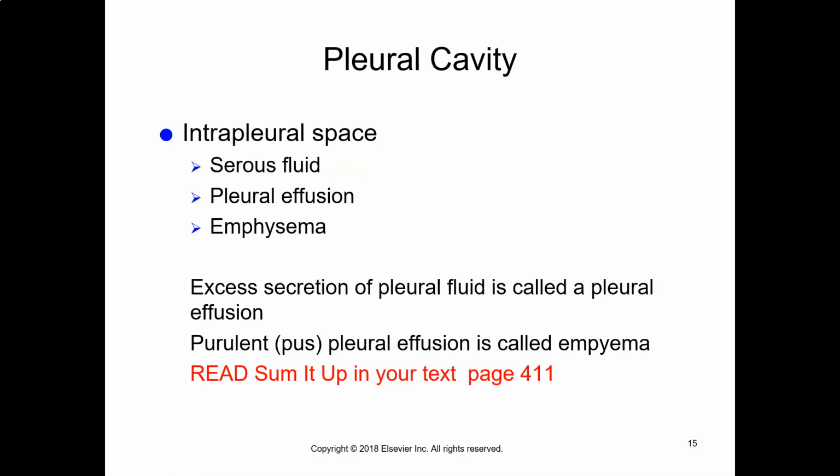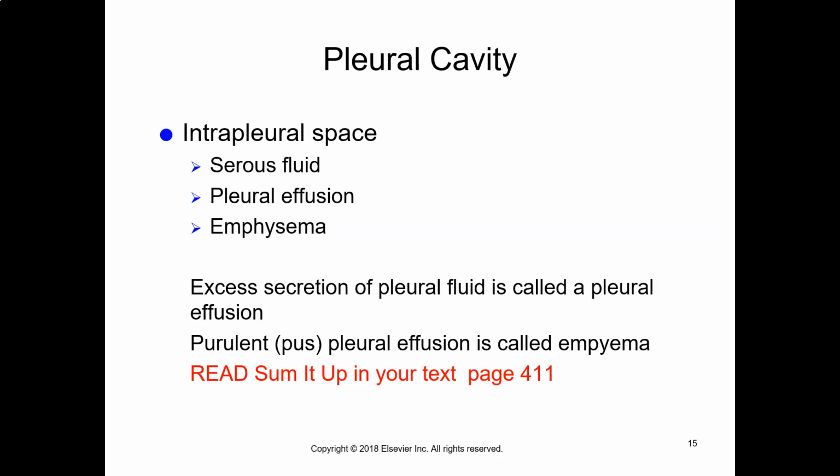And pleural effusion is an infection, causes extreme pain because that surface is tense. And when it rubs against one another, it causes a lot of pain. And it's from excess secretion of pleural fluid.